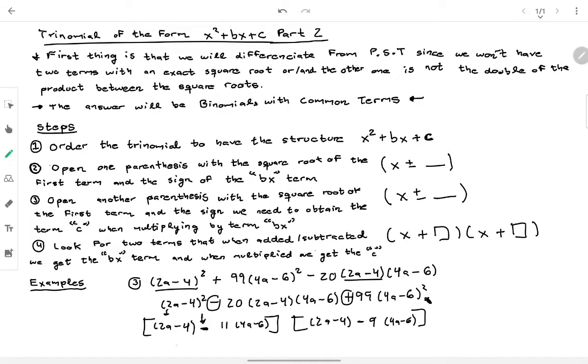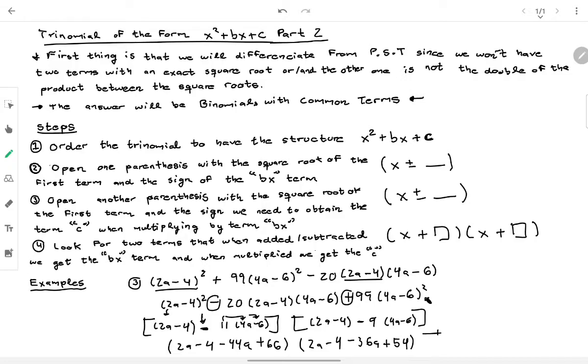So I can continue doing this one, and on the first parenthesis it's going to be 2a minus 4 minus 44a, that is minus 11 times 4a, minus 11 times minus 6 is plus 66. The other parenthesis is going to be 2a minus 4, minus 36a plus 54.